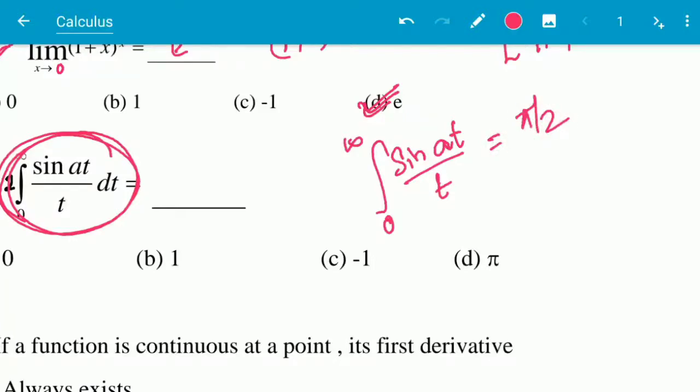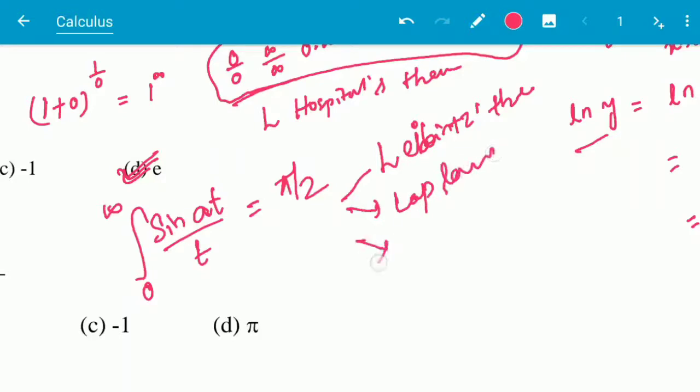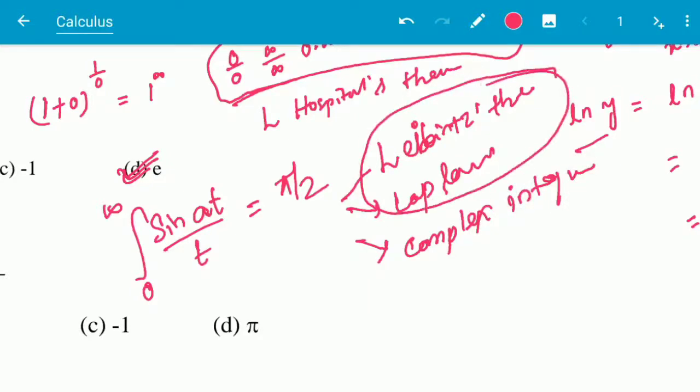This can be proved in 3 methods. First one is the Leibniz theorem, another is the Laplace theorem, another is the complex integral. I will explain these in a separate video, how this can be solved.